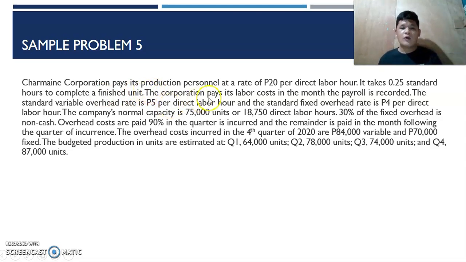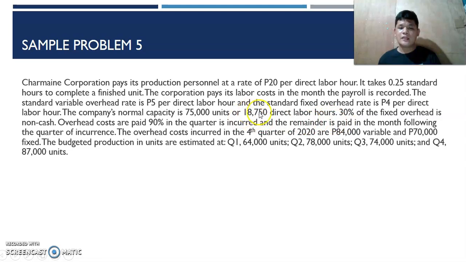Naintindihan? So, the corporation pays its labor cost in the month the payroll is recorded. The standard variable overhead rate is 5 pesos per direct labor hour. And the standard fixed overhead rate is 4 pesos per direct labor hour. The company's normal capacity is 75,000 units or 18,750 direct labor hours.